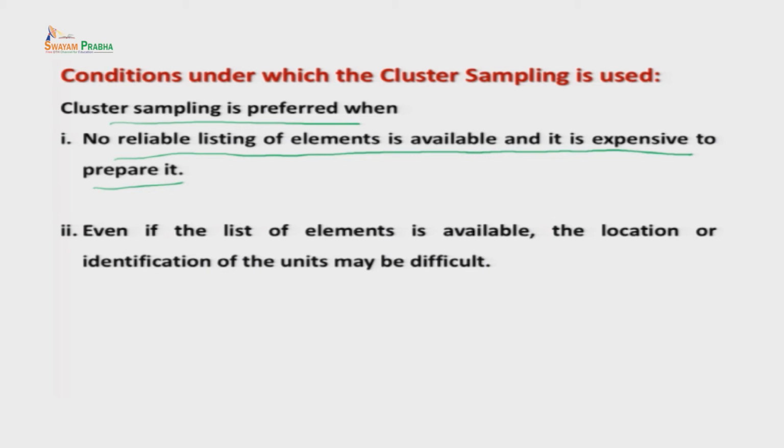And even if the list of elements is available, the location or the identification of the individual units may be very difficult. For example, suppose we know inside a house there are 5 persons staying, but getting the information on each of the 5 persons is more difficult.